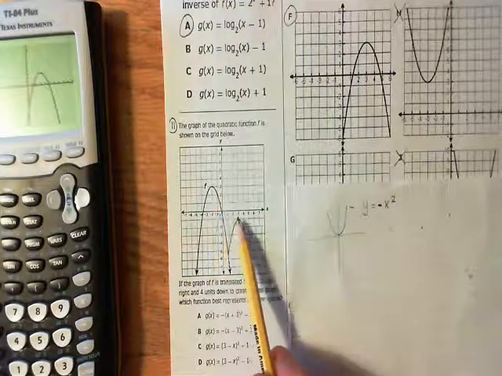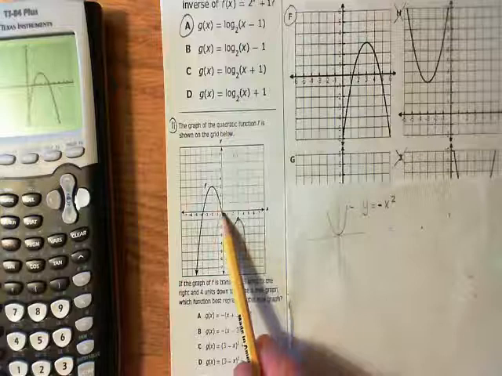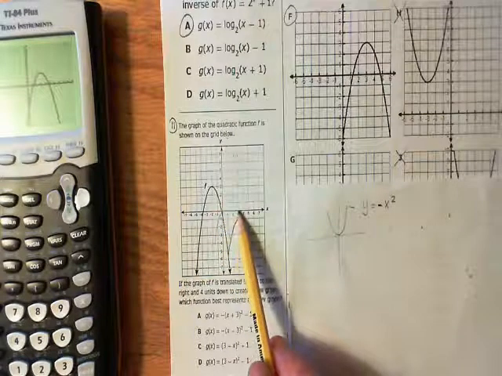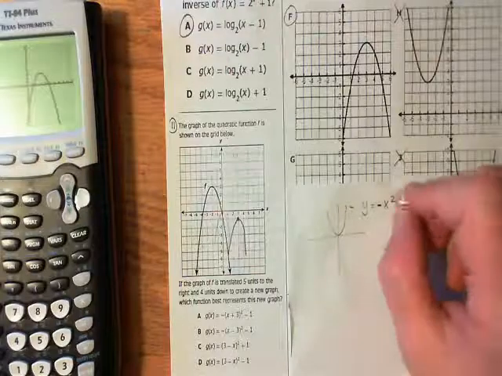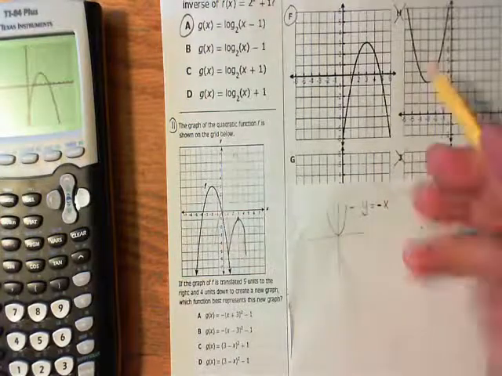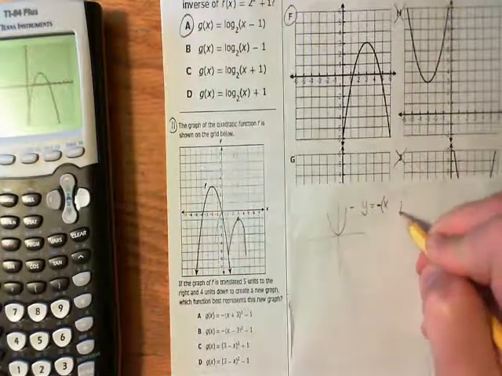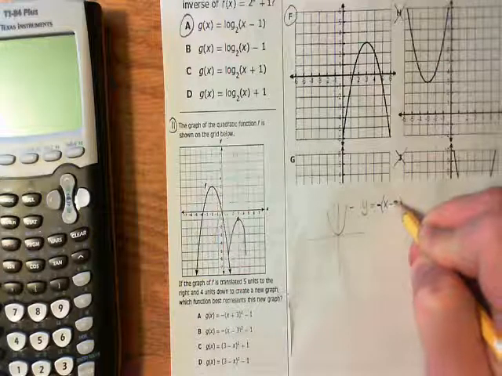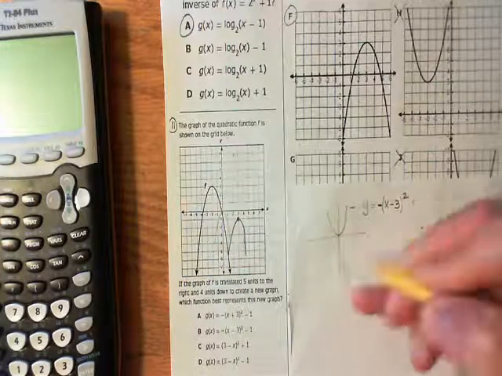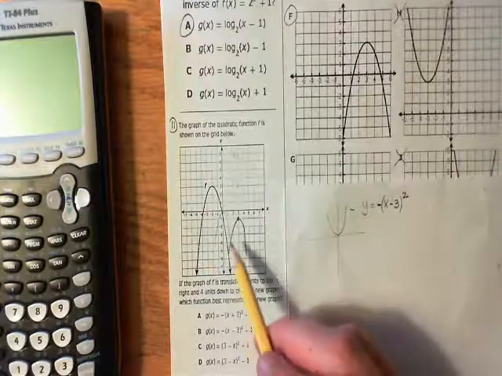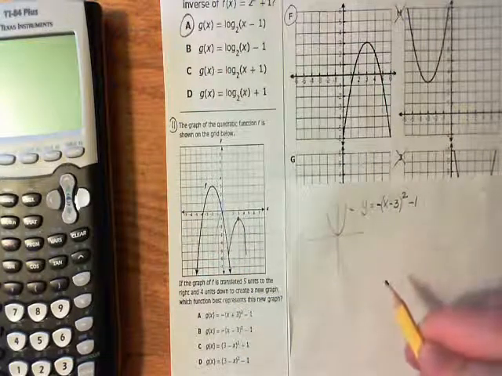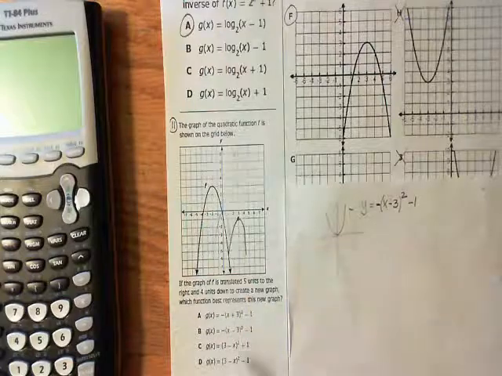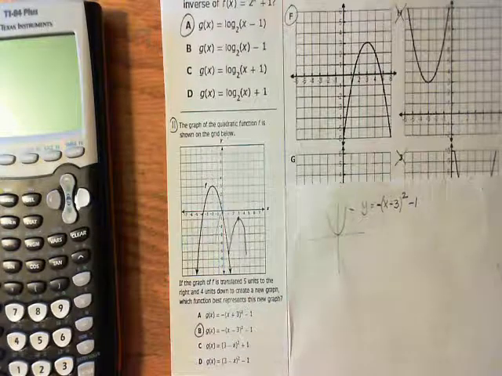I went from here to there. So basically, I'm moving 1, 2, 3. So 3 to the right means that over here I'm going to have minus 3 squared. And then I went 1 down, which means negative 1. So if I look at my multiple choices, my answer is D.